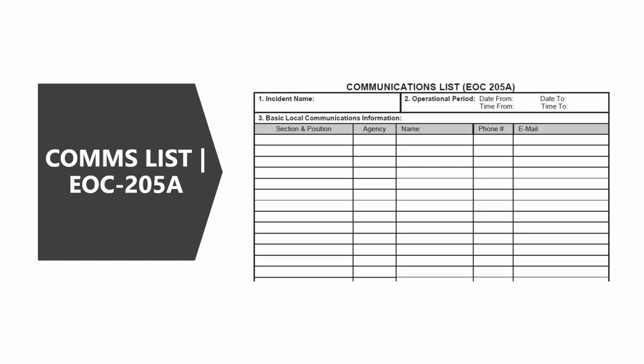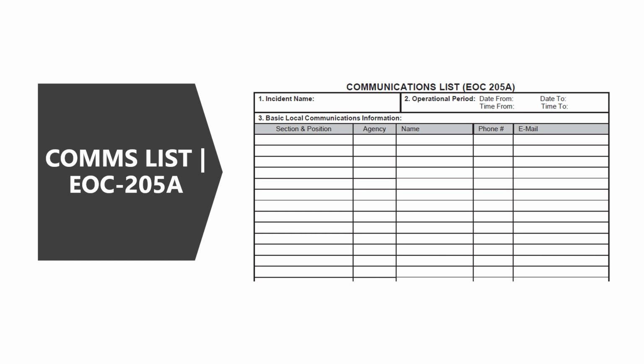This is the comms list, also known as the 205A. Anyone assigned to the EOC should be listed on this form. This is a very important form because this has all of our contact information, phone numbers, emails, etc. So if somebody needs to get a hold of a specific person, they can easily flip to this page and find their contact information. If we ever had an emergency and we needed to evacuate the EOC, somebody's missing, this helps us with our accountability.